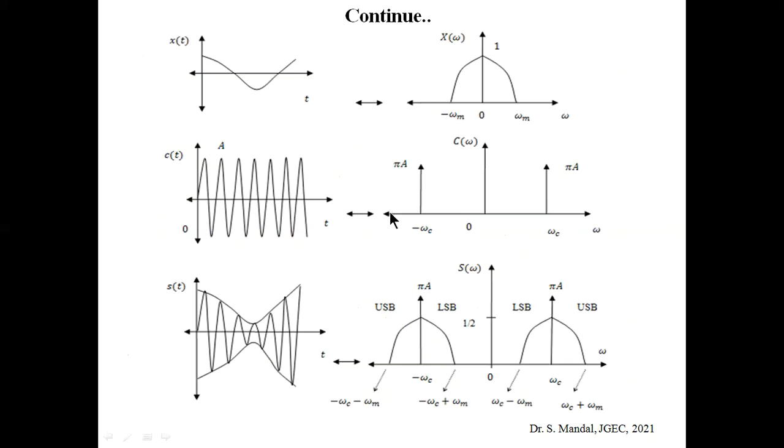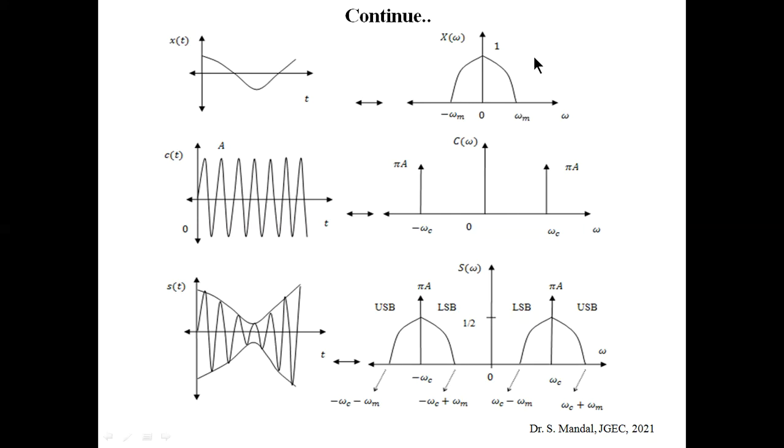Clear now? You need to be clear on that point. Upper sideband is ωc to ωc plus ωm, and lower sideband is ωc minus ωm to ωc. Here, as this is a low pass signal, the bandwidth is from 0 to ωm. Why don't we consider the negative part? Because negative frequency has no significance. It is used only for mathematical analysis, because we are using the polar form. Maximum power, or all the power, remains within the spectrum from 0 to ωm.